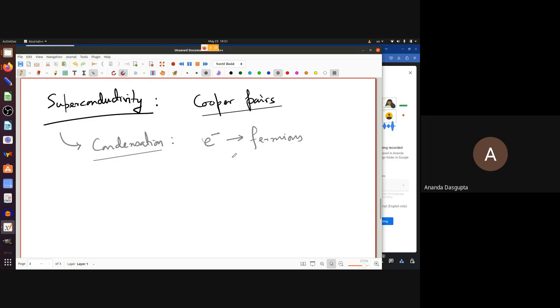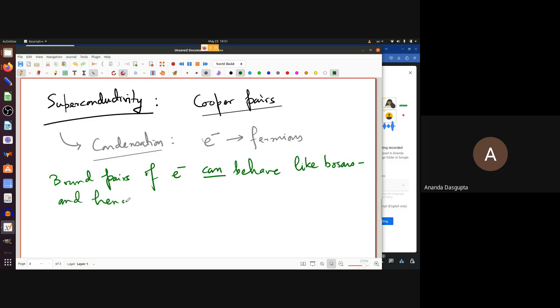So the solution to that is also something which you already know. That is what Cooper pairs are. Although individual electrons cannot form condensates because they are not bosons, bound pairs of electrons can, under proper conditions, behave like bosons, and hence can condense.